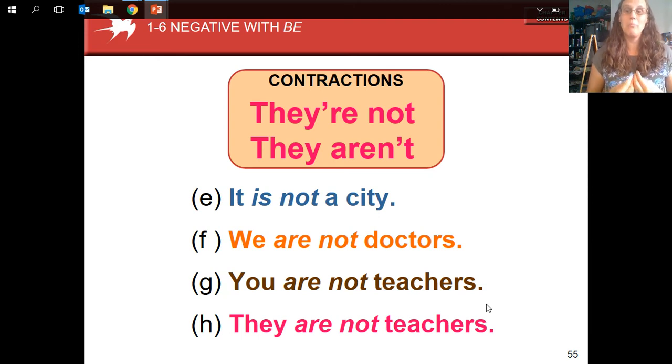So for most of the forms of be, there are two ways to make negative contractions, right? But I am different. I only has one. I'm not. He, she, it, we say isn't, or he's not, she's not, it's not.